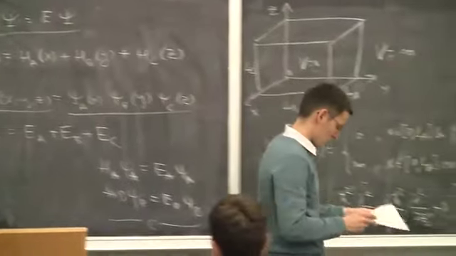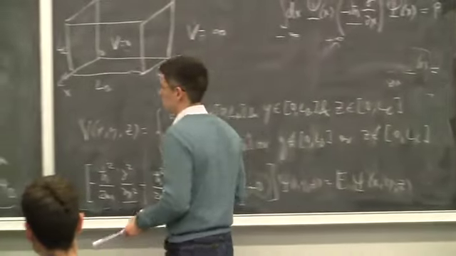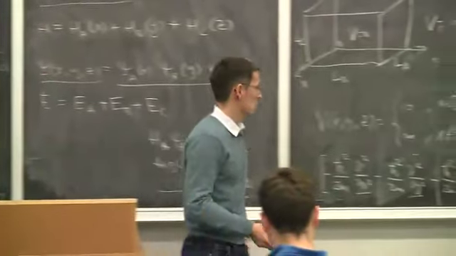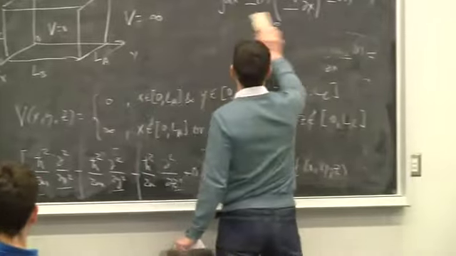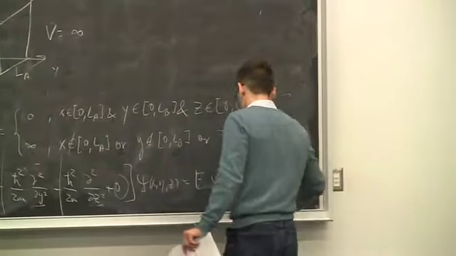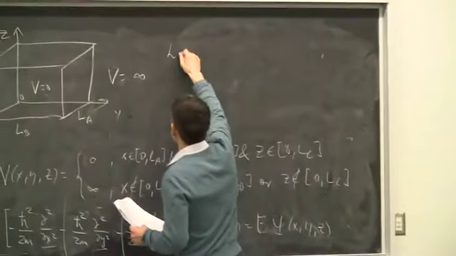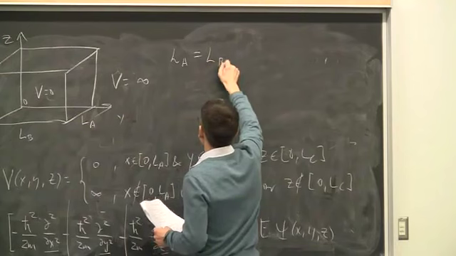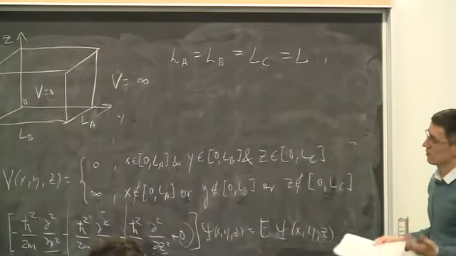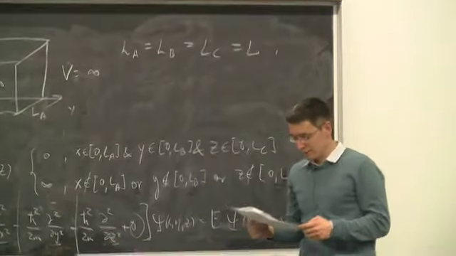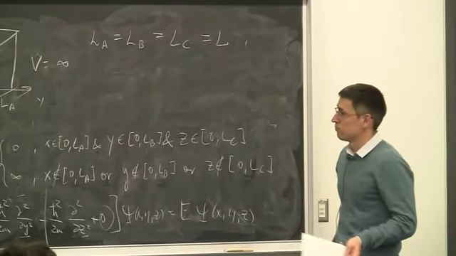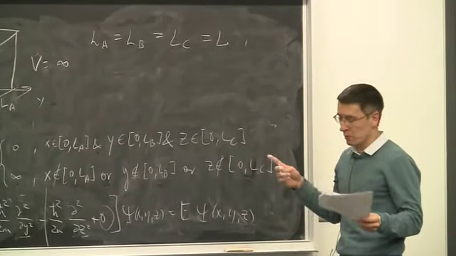And so in the last 5 minutes, what I want to talk about is so-called degeneracies. It's not that complicated. It's just when you have some symmetry in the problem, meaning that let's assume L_A equals L_B equals L_C equals L. So let's consider the situation where we look at the particle in a cubic box, right?